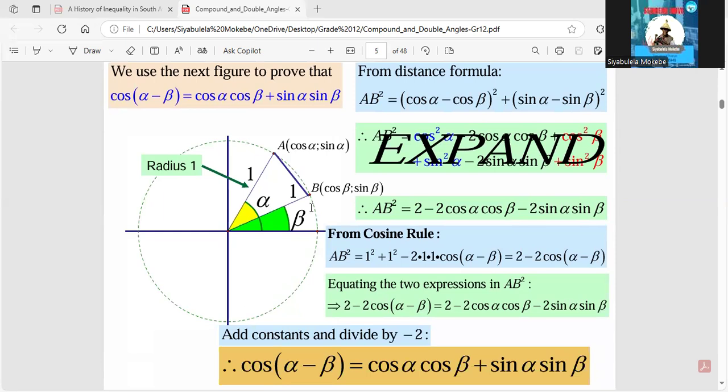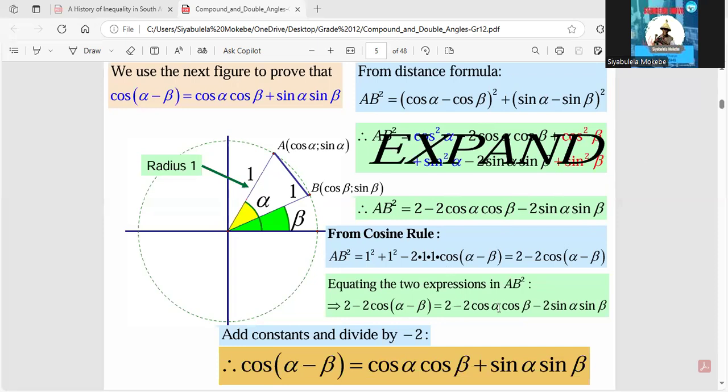So if we are given these two diagrams, we can try and find AB using the distance formula and also using the cosine formula. And then if we do that, you'll end up with an expression.